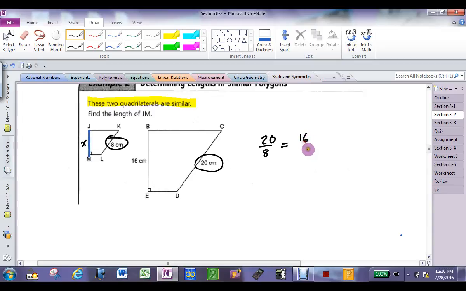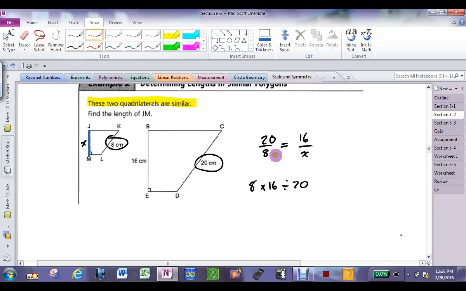Why? Because I can't change the order. I got to keep 16 there. And what goes here? X. Do we know how to solve that? Sure we do. We did that in Unit 3. What do we do? Cross multiply. 8 times 16 divided by 20.